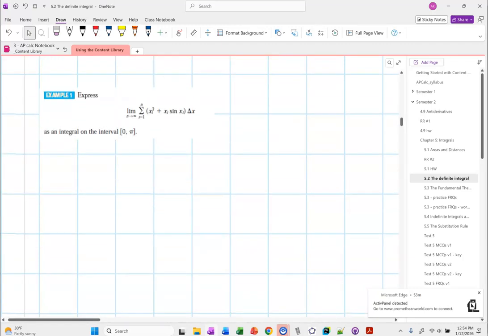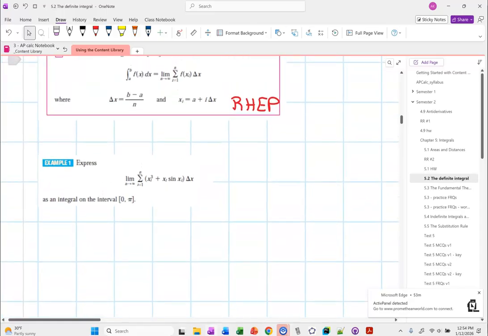So we're asked now to write this limit as an integral. Convert it to integral notation.